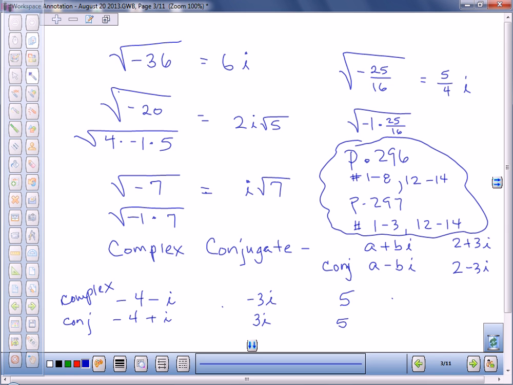Oh, yes. Yes, that's right. Never mind. 12 and 13. Write the square root of each number in terms of i.